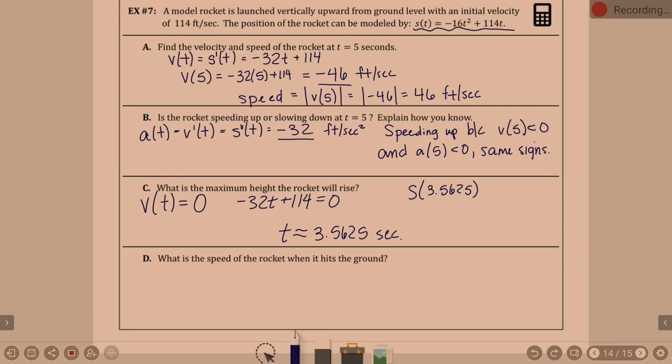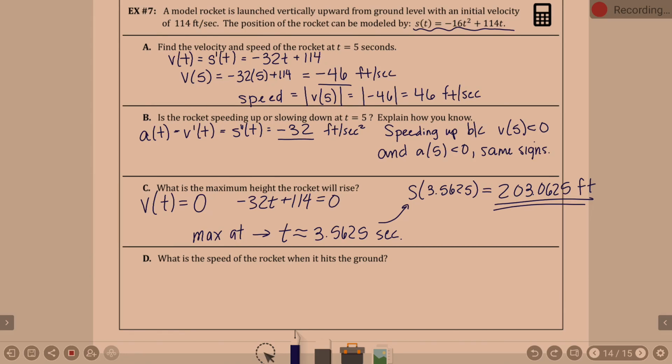The max height happens at that time. So to find the position, you plug it into your original formula, which gives 203.0625. It's a max height, so I'm looking for feet.